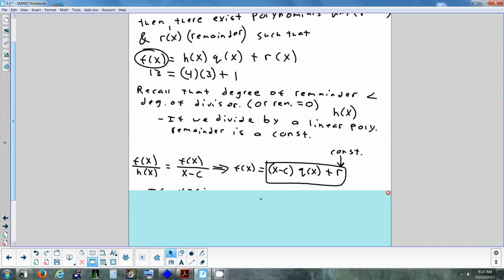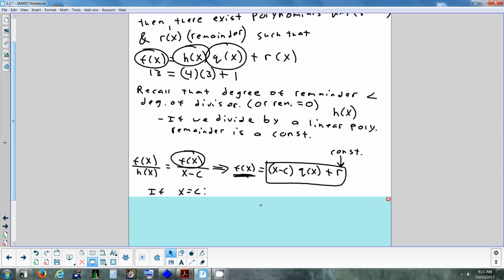Using the formula we just had, the numerator equals what you divided by, which is x minus c, times your quotient, plus your remainder. All I really did was plug into the formula I had up above, specifically for what I'm dividing by, x minus c. And we already said the remainder is going to be a number, because we divided by something linear.